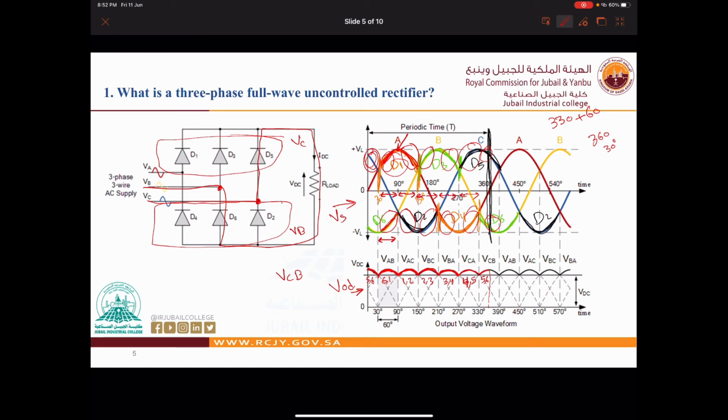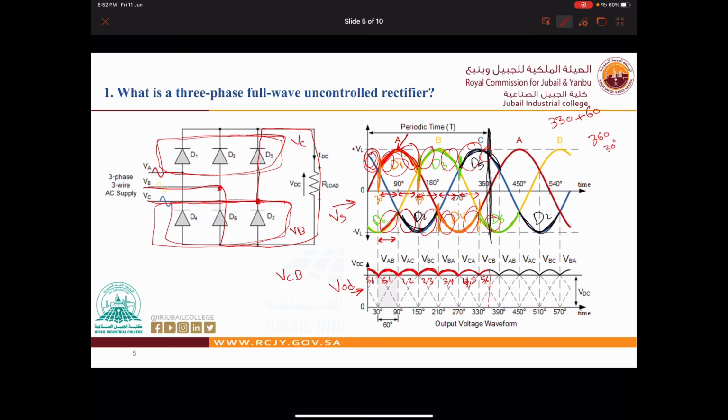And the combination is between 2 diodes: one diode from the positive group is connected with one diode of the negative group. So one of them in the positive group should work, and for the negative side, one of them should also work.